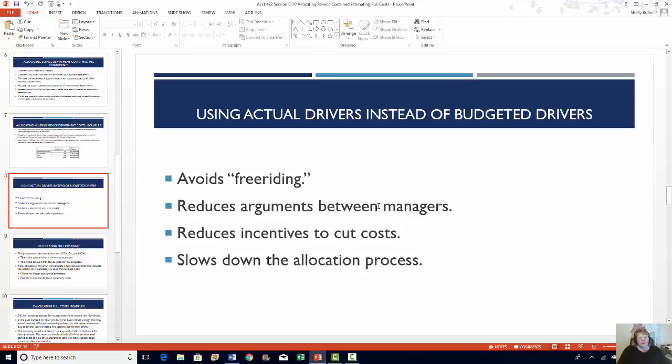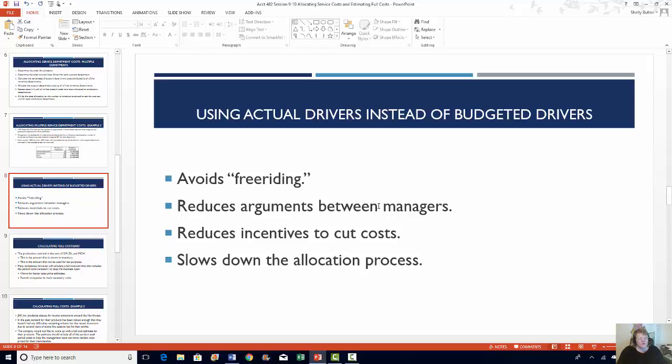If you budgeted 100 hours and somebody really only used 80, they could play with that. They could be charged that extra 20 hours. They could get the money for that and they could apply that to some other job. And while that is great if that's your department, it's not an accurate costing for that job.